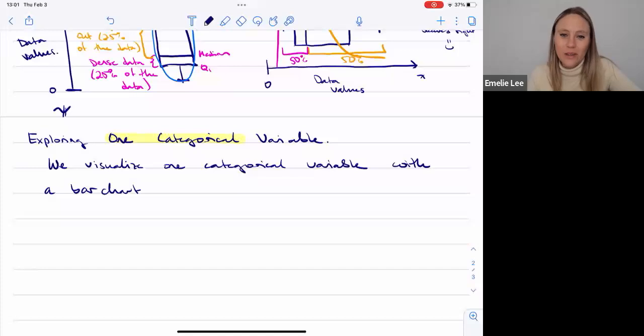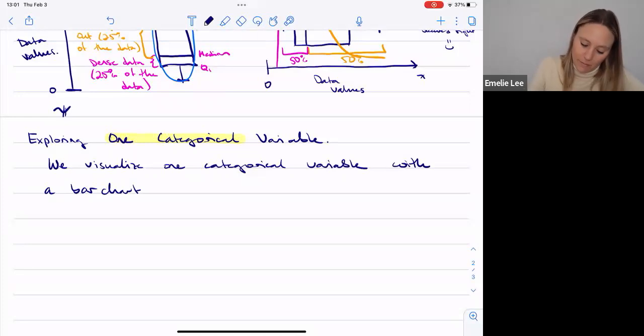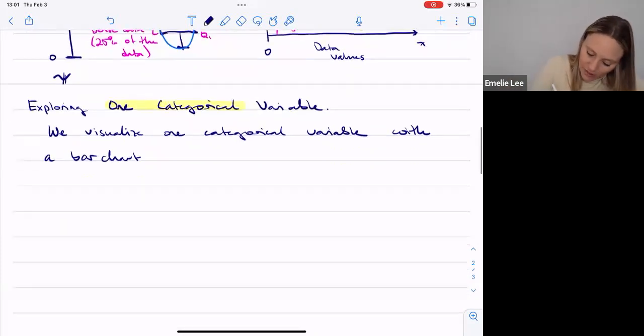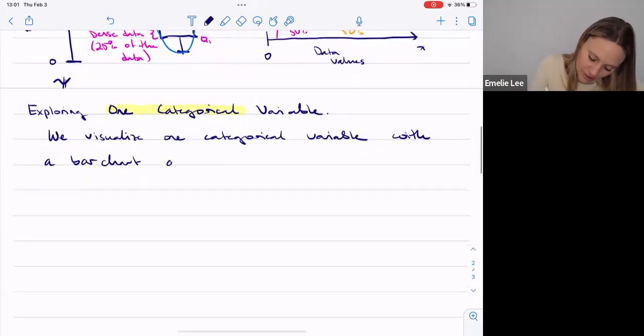And what are we looking for, right? We're going to look for the mode. Usually that's the thing that we care about. What group has the highest count or the highest proportion, right? And so we're going to visualize with a bar chart and look for the mode.